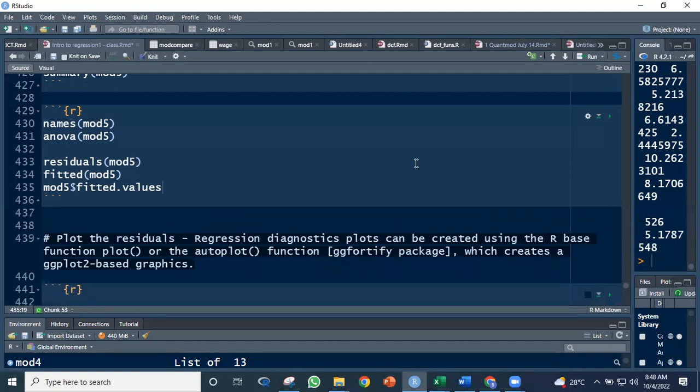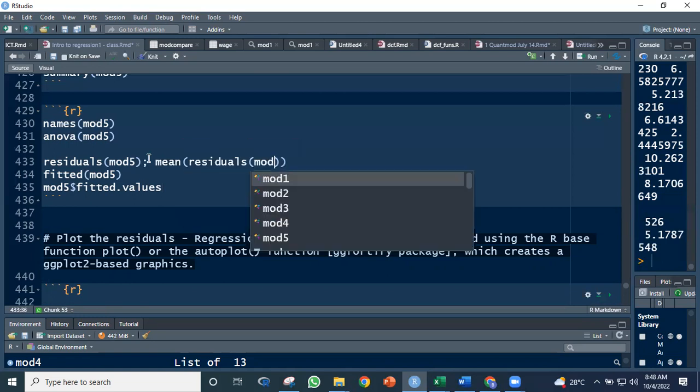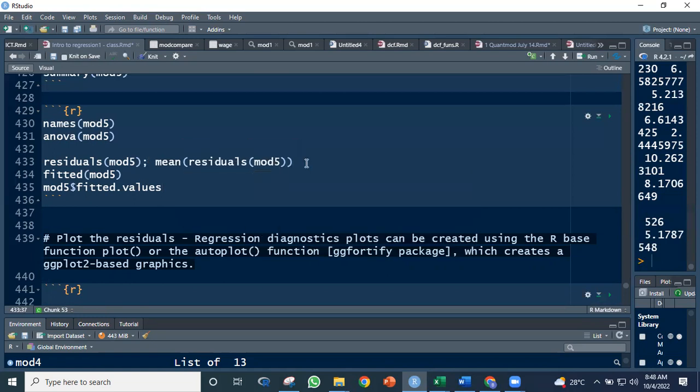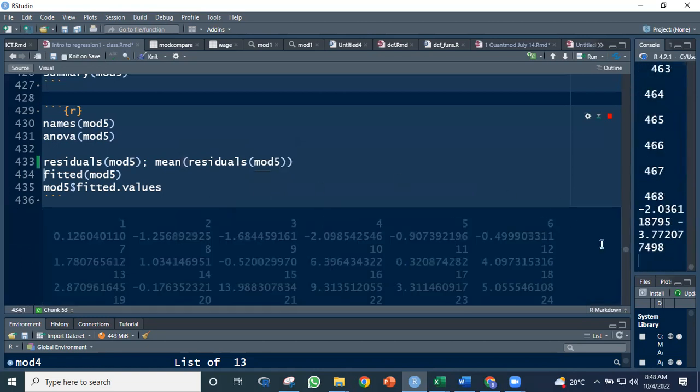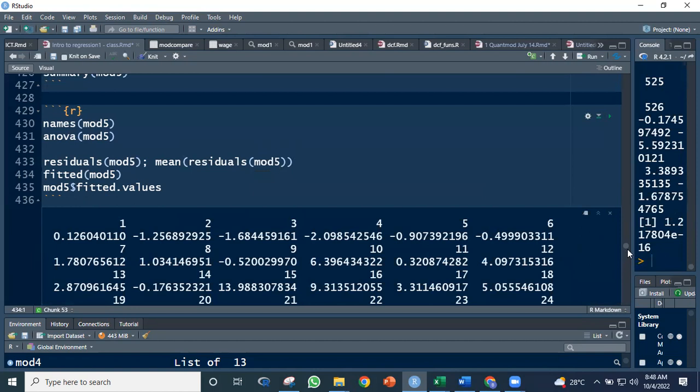Okay, and we know that by the nature of OLS, let's continue with the mean of the residuals of model 5. So what will this give us?